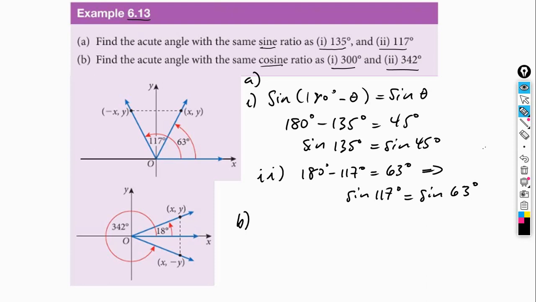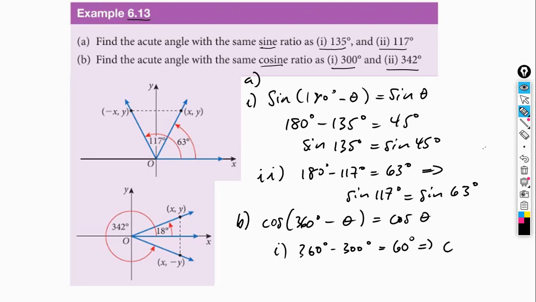So notice that we have an identity for cosine, which is cosine of 360 degrees minus an angle theta is equal to the cosine of the acute angle theta. So we have that 360 degrees minus 300 degrees is equal to 60 degrees.